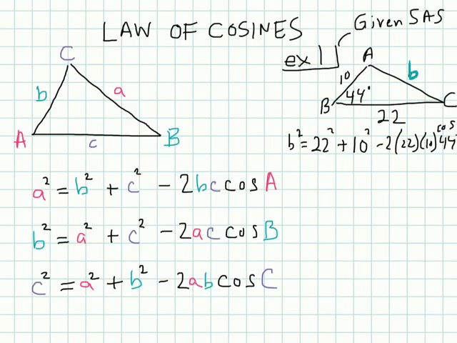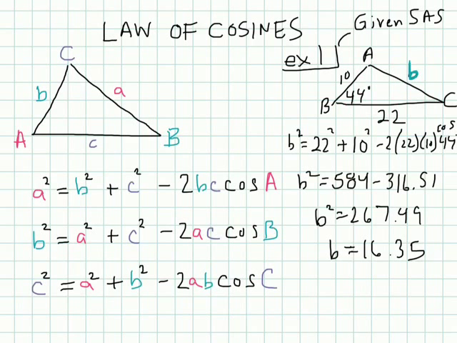Let's simplify this just a little bit here. So we have B squared, and you probably just want to use a calculator to help punch in, especially with the cosine. Let's punch this in. Alright, flash forward, I did some math. So 22 squared, 44, plus 10 squared is 100, so you have 584 there.